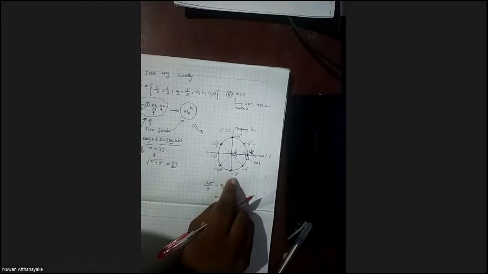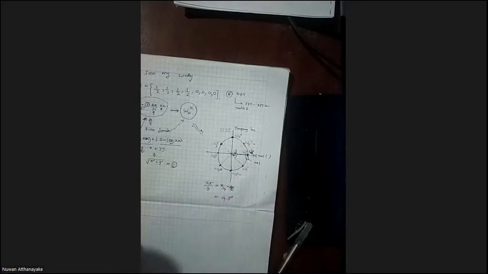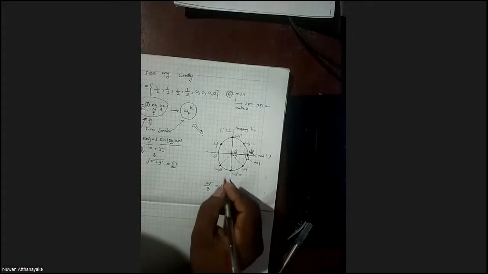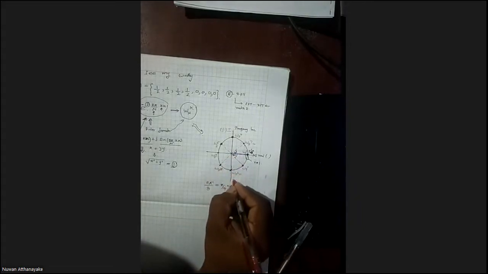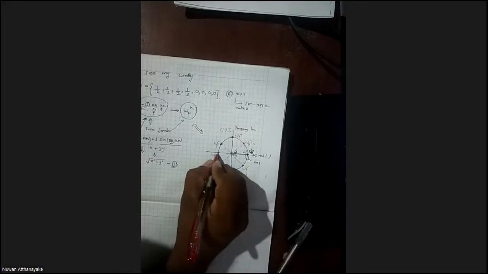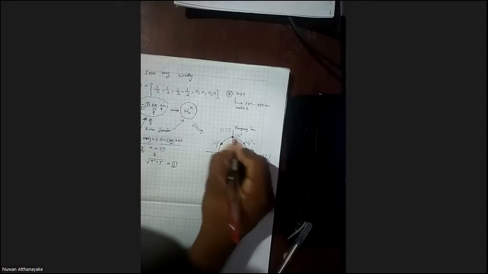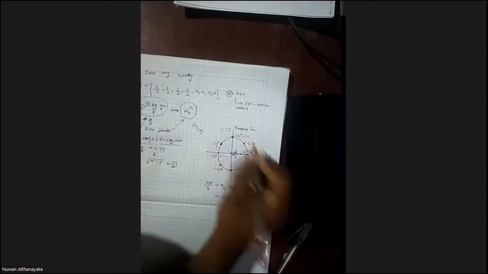If you find this one, W82, this is minus J. This is the minus direction, so this will be minus J. And this point will be minus 1. And this point will be plus J. So you can easily find these 4 points.